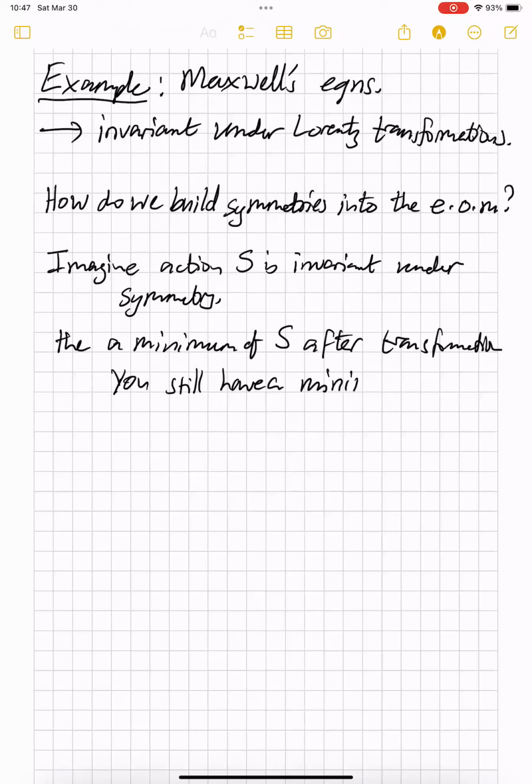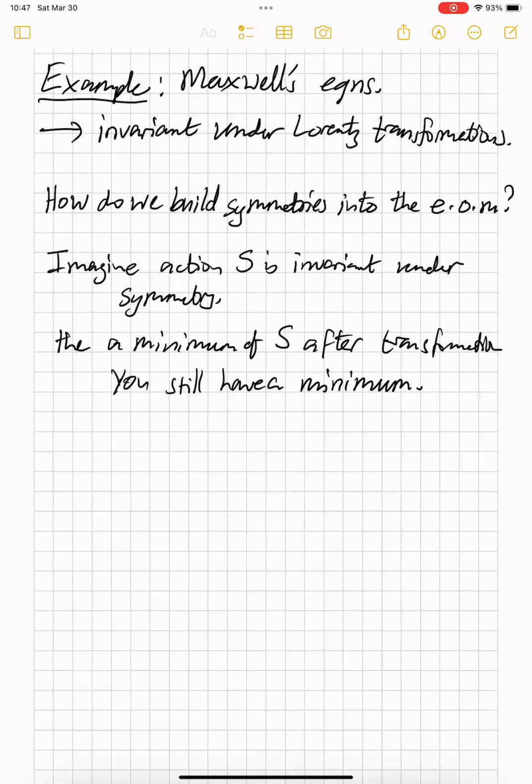It's pretty obvious that if the action is invariant under the transformation, if I take some function and transform it by the symmetry and plug it back into the action, I'll get the same value. So I'll take a minimum of the action under the symmetry transformation into another minimum of the action.